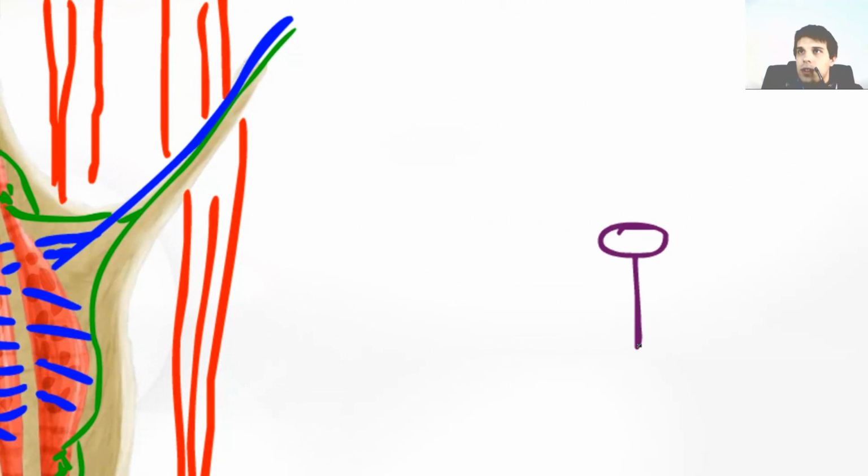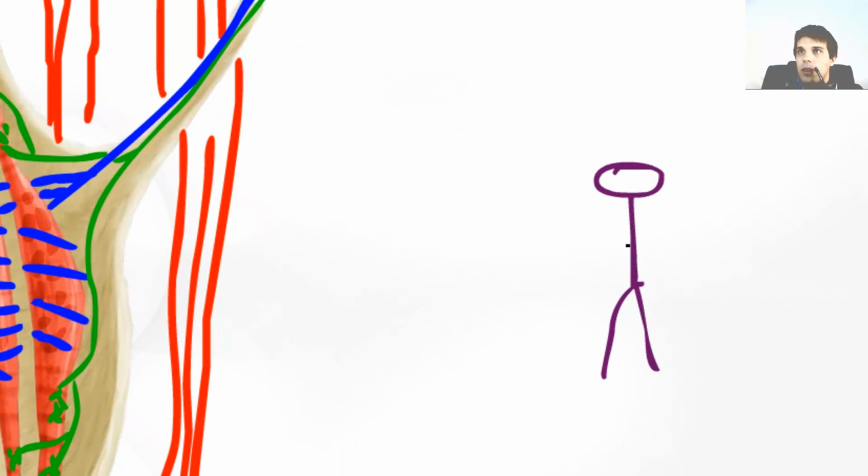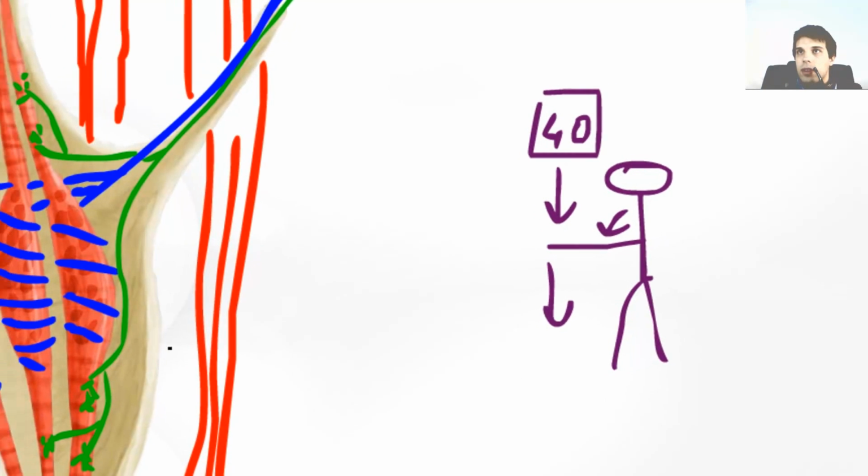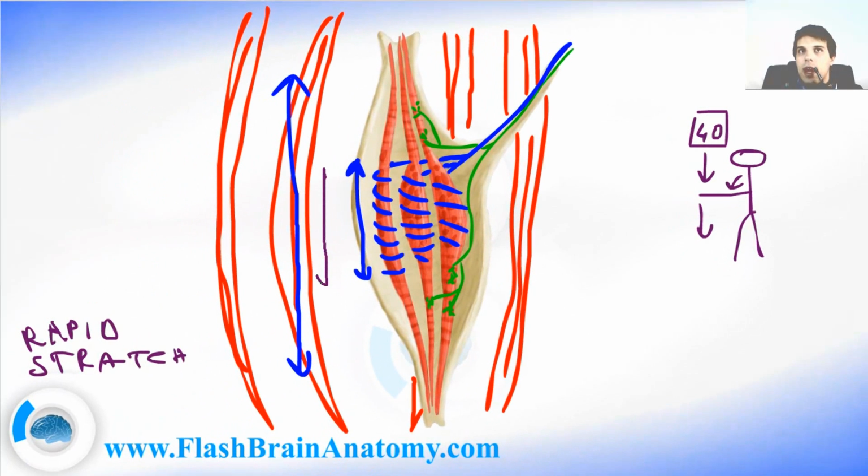Let's say if this is you and you're holding your hands like this, okay? Somebody drops 40 pounds on your hands. This will cause a rapid stretch of your muscles, okay? And then what happens, we have the stretch here going on in the extrafusal muscle fibers.